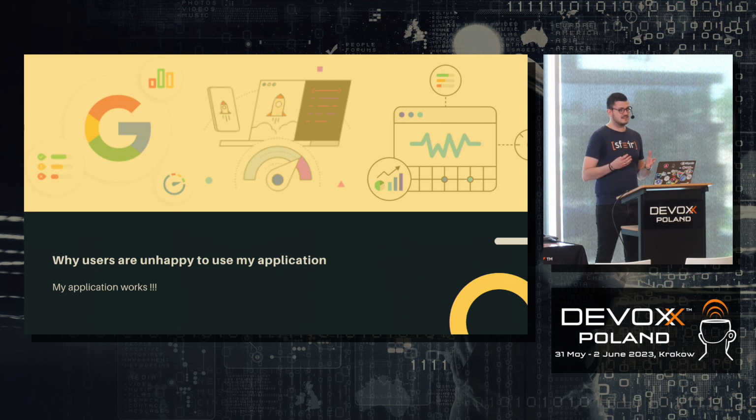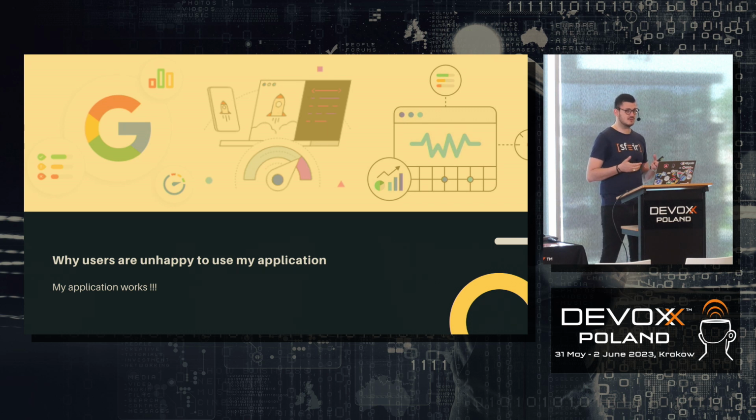The problem is, if you ask your users why they don't like to use your application, generally the answers are, I don't know, but when I open your application, it takes too much time to display something on the screen. The second answer is generally, I have a blinking screen. Some elements pop in randomly on my screen.